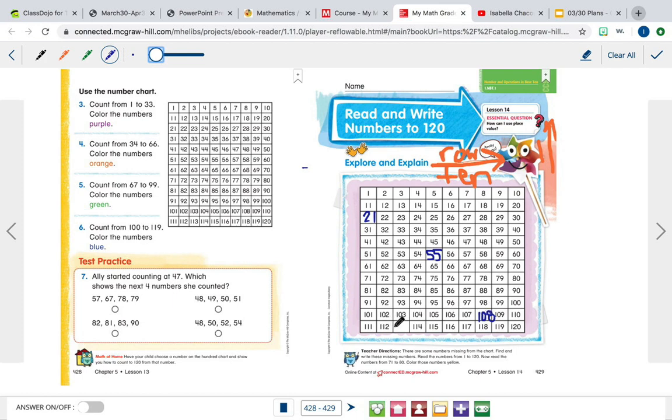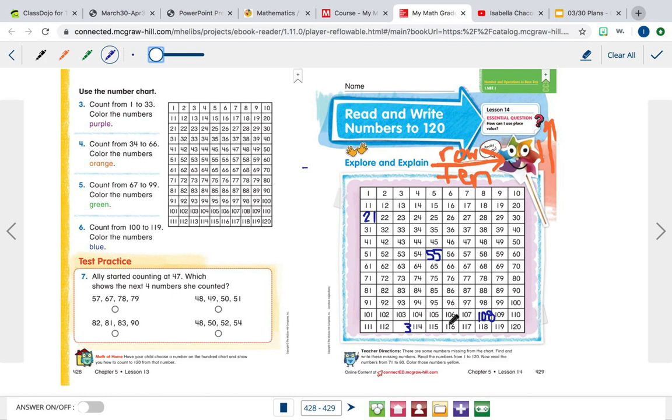Now let's look at our last one. Let's switch it up. Let's do our columns first. So this one in the ones place, it all has a 3. So we're going to put 3. And in our tens place, so let's look at our tens place next.